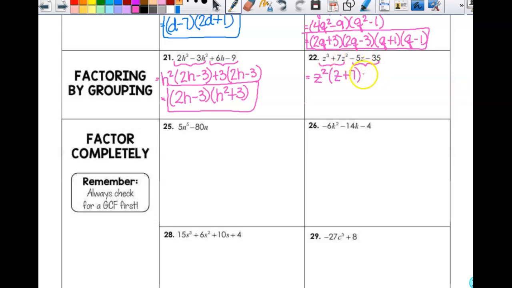Out of these two, I can factor out a negative 5. That leaves me with z plus 7. Then I have z plus 7 times z squared minus 5. That's not a difference of squares, so that's the best I can do.